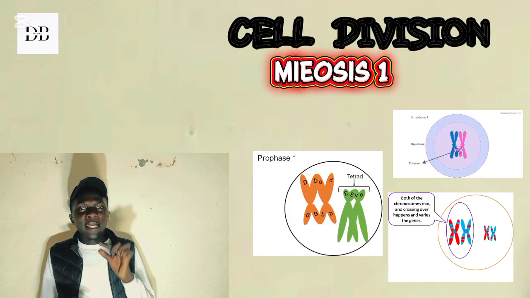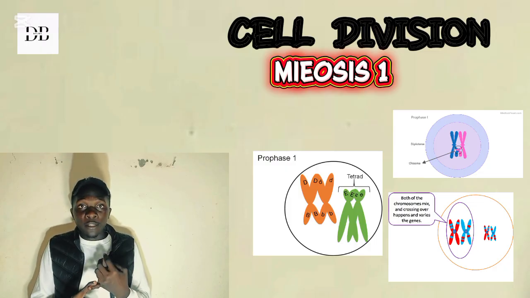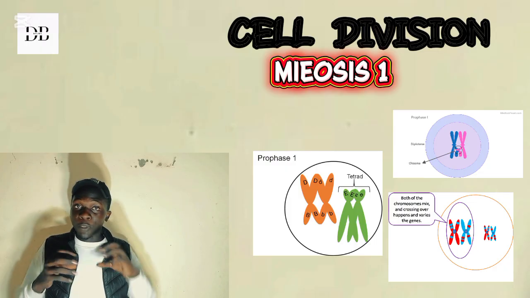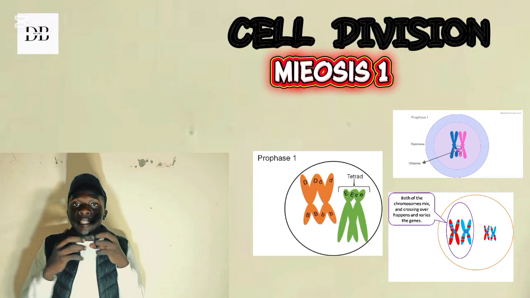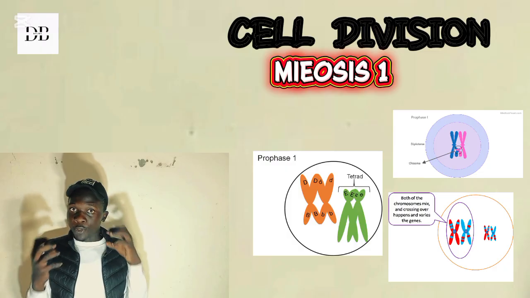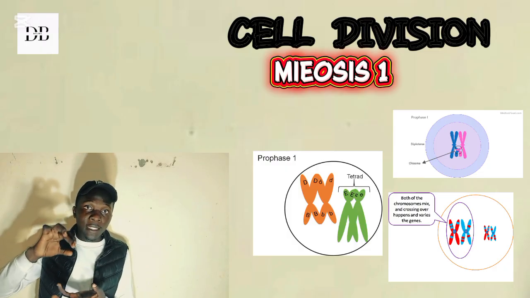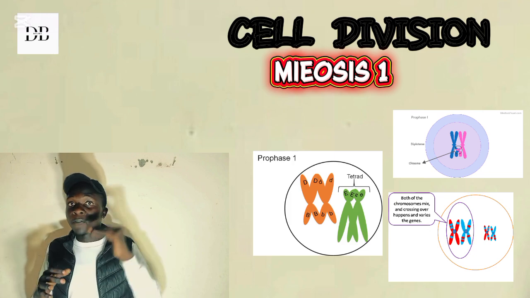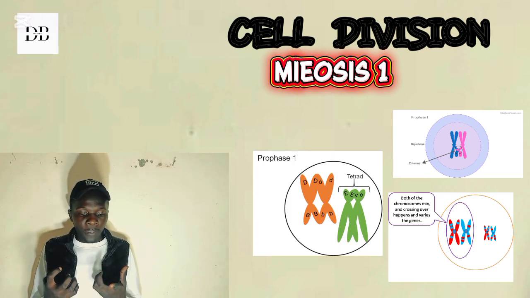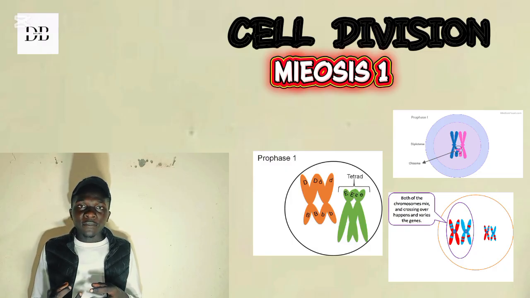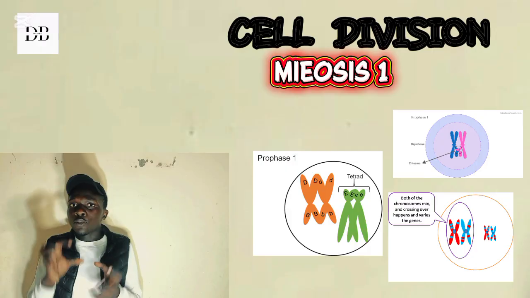Another key thing that happens in prophase is that the centrioles, which are responsible for forming spindle fibers, begin to move to opposite ends of the poles. You know that spindle fibers are the ones that help in separating the chromosome strands. Also, in prophase, the chromosomes start to condense.